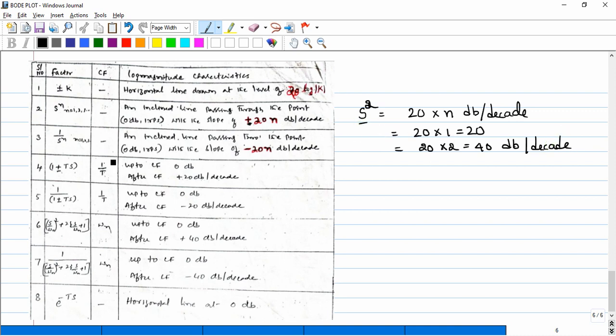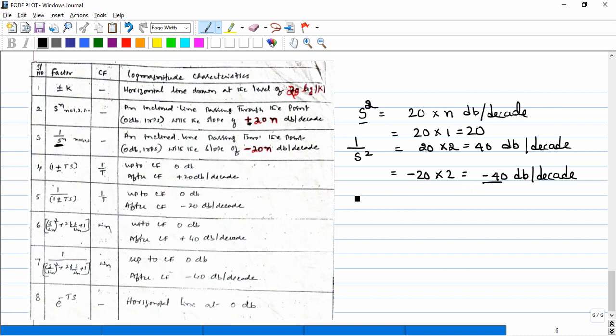Similarly, what if I get 1 by s square? That is the third case. If I get 1 by s square, then the sign will change, minus 20 into 2, that will be minus 40 dB per decade. Okay, so this particular slope has to be represented in the magnitude plot.